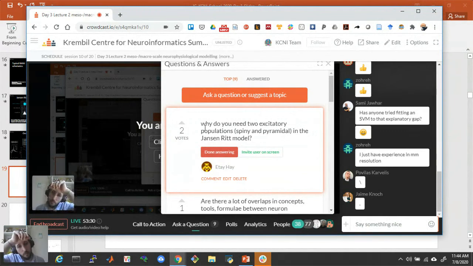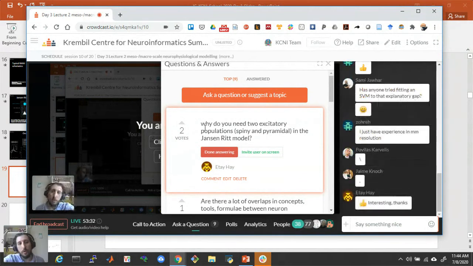One of the questions that's posed more often is, do you need two inhibitory populations? The same questions apply in terms of what its impact is on the system. From the sketches that I showed you, I've seen this myself from reviewer comments and so on: why do you not have this extra inhibitory population?